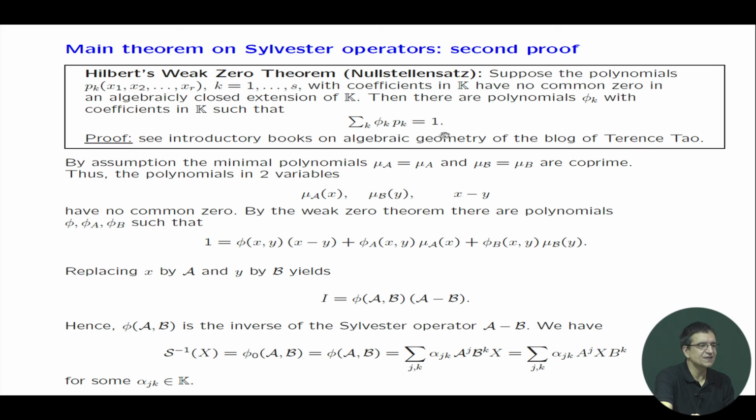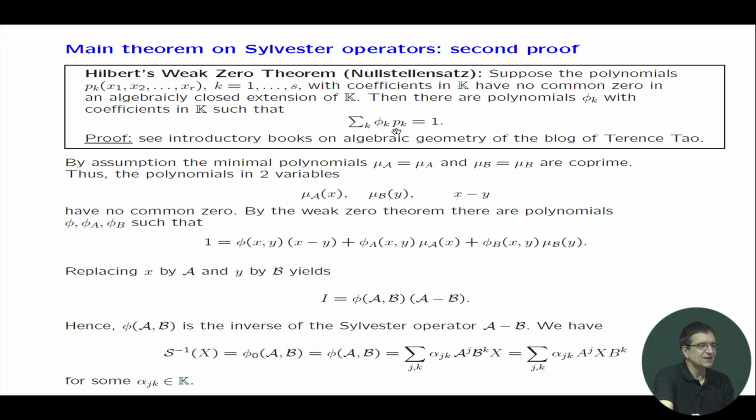In one variable this is almost trivial, but in several variables this is a deep result. It's called Hilbert's weak zero theorem, and it's the basis of algebraic geometry. So this is fundamental there.